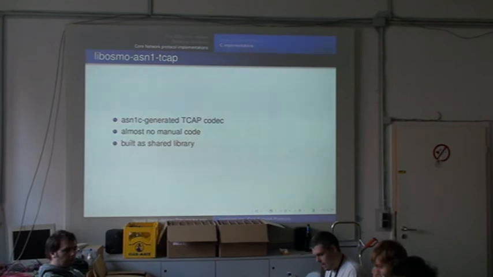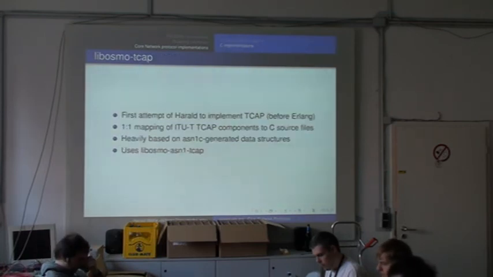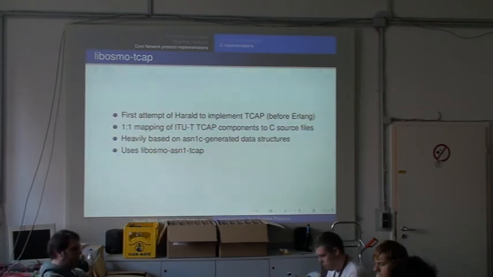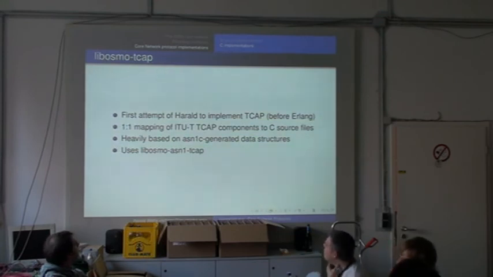Then there's libosmo-asn1-tcap, which is an ASN1C generated TCAP codec, no manual code, built as a shared library that can be linked to applications. There is libosmo-tcap, which was my first TCAP implementation before I started the Erlang stuff. It's not complete, but I think it's actually fairly complete. I just looked at it a couple of days ago and I was surprised how much stuff I already wrote.